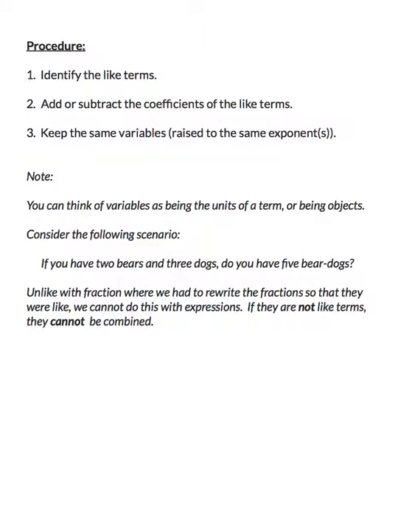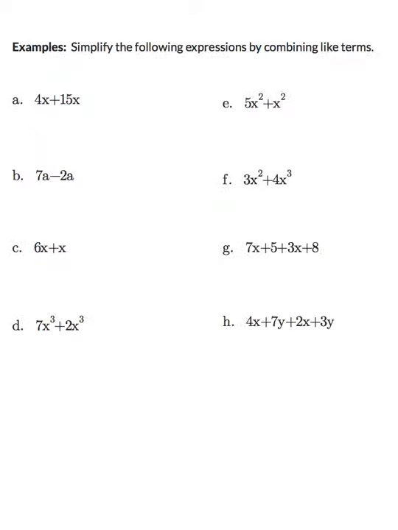Unlike this section where we talk about like terms, we can't turn an x into a y, and so if they do not have like terms, then they cannot be combined. So let's look at the following examples and see what we can do.